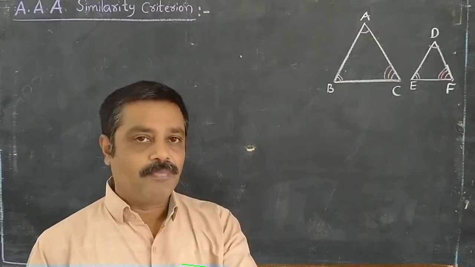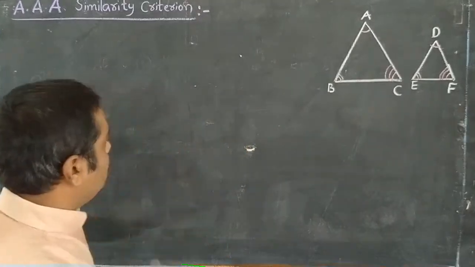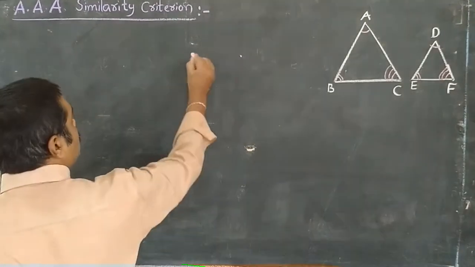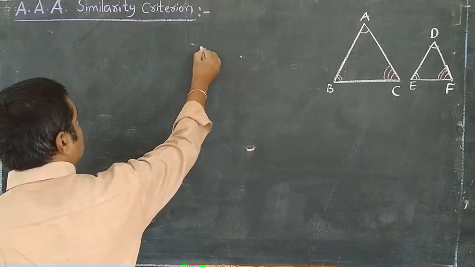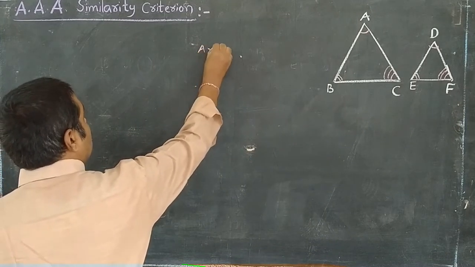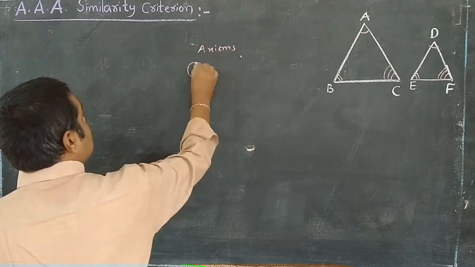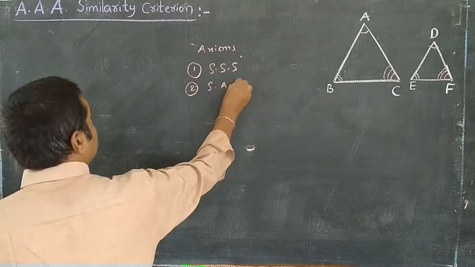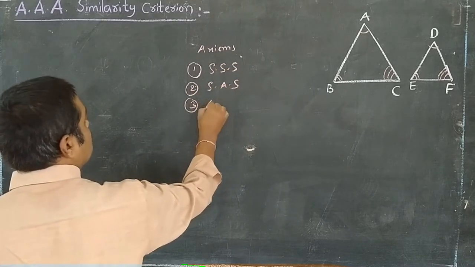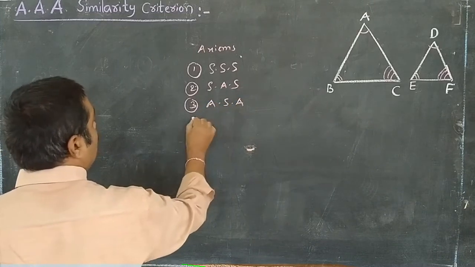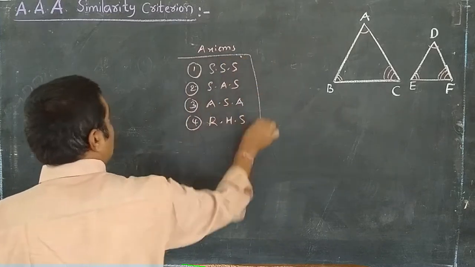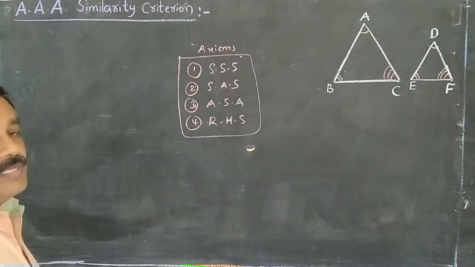Before we learn this theorem, we know some congruence rules, that is, the axioms. One is the SSS axiom, the second is the SAS axiom, the third is the ASA axiom, and the fourth is the RHS axiom. Already in an earlier class we learned about congruency rules.